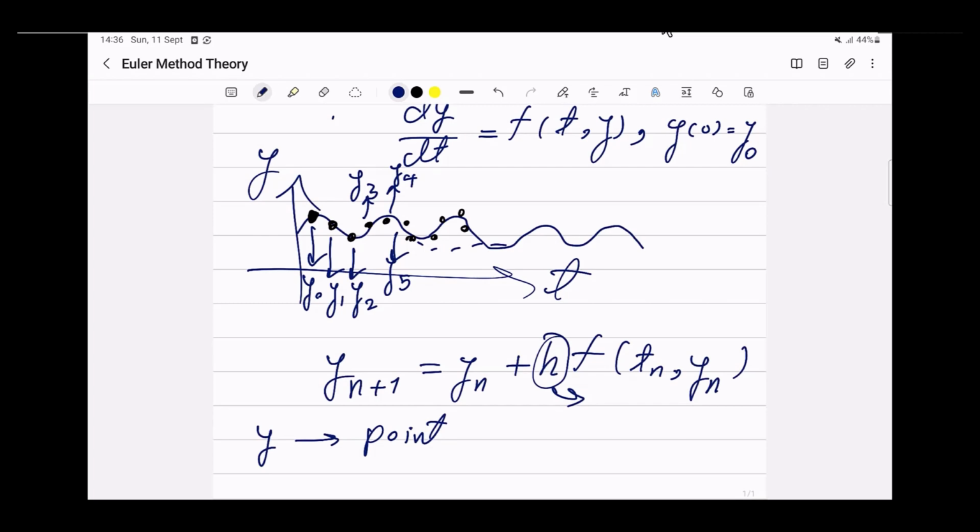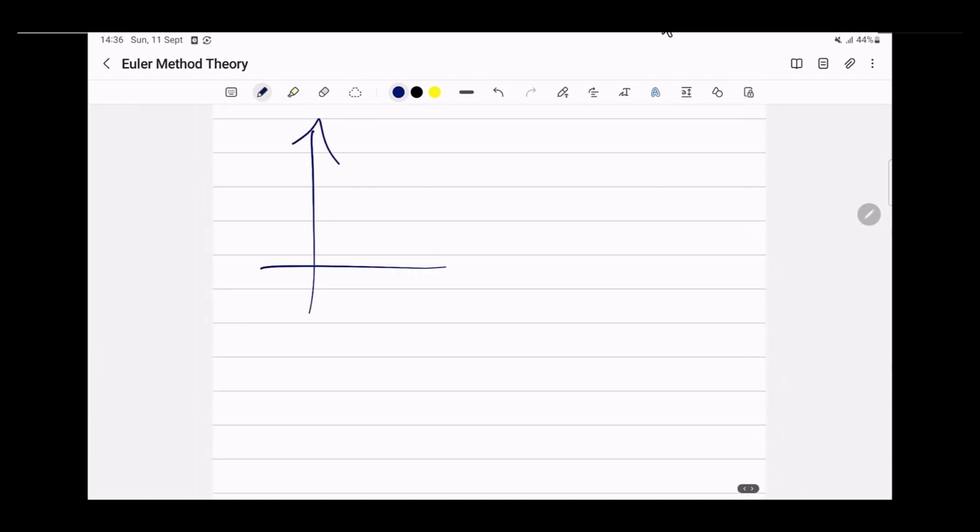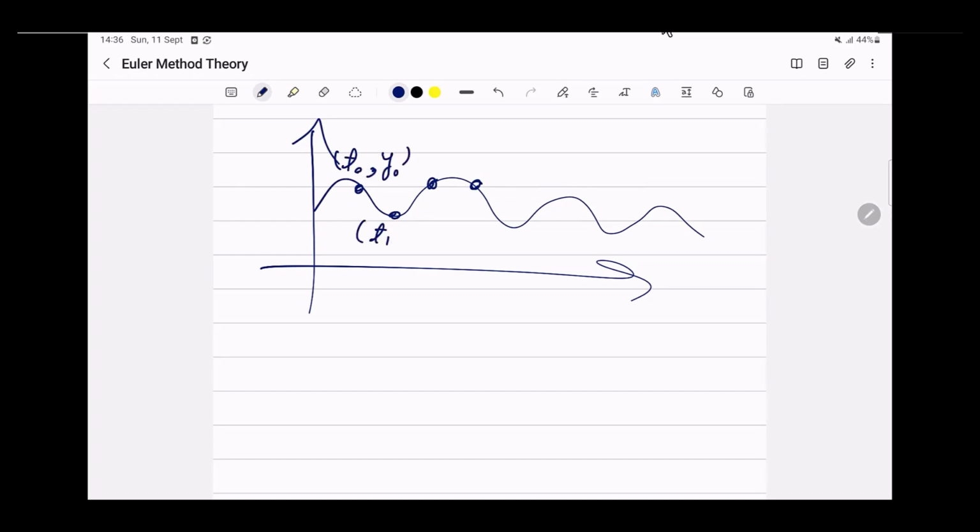Let me go to another page and redraw the graph so that it wouldn't be so messy. These were the points. This is t0, y0. This is t1, y1. This is the t-axis, and this is the y-axis as usual. This is t2, y2, and so on.